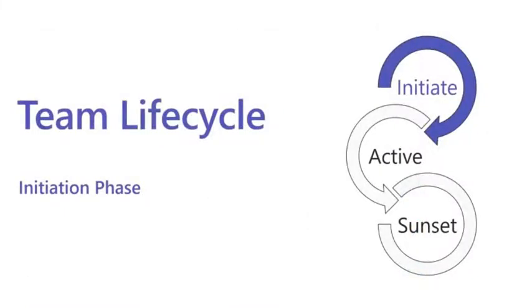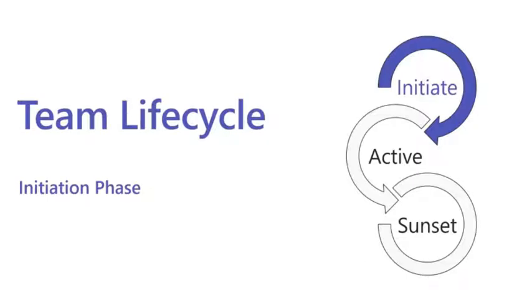And now when we really start to think about the Teams lifecycle, this is where I wanted to go through the three key stages. From initiating, now that could be an example of a project team, that could be the example of a class team, but there is always a beginning to that team, the period of time where the team is active, and then at some point the team will eventually be concluded, for example, at the end of semester as part of a course or at the end of a project.